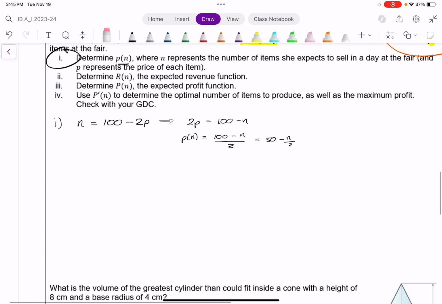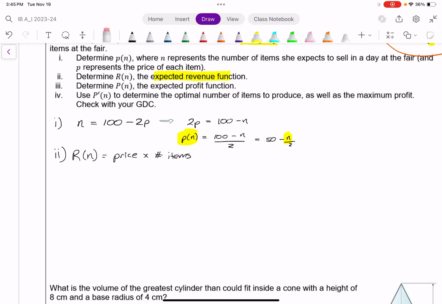All right, next part: determine R of N, the expected revenue function. Revenue is a relatively simple calculation. Revenue is the price, which we have right here, times the number of items we expect to sell, which is N. Revenue in general is just price times the number of items.